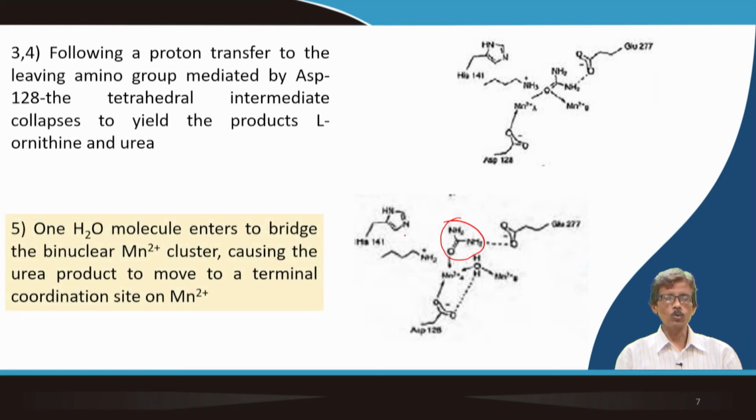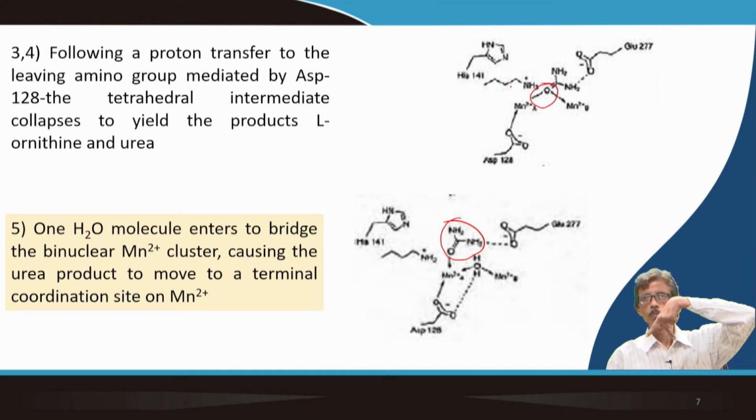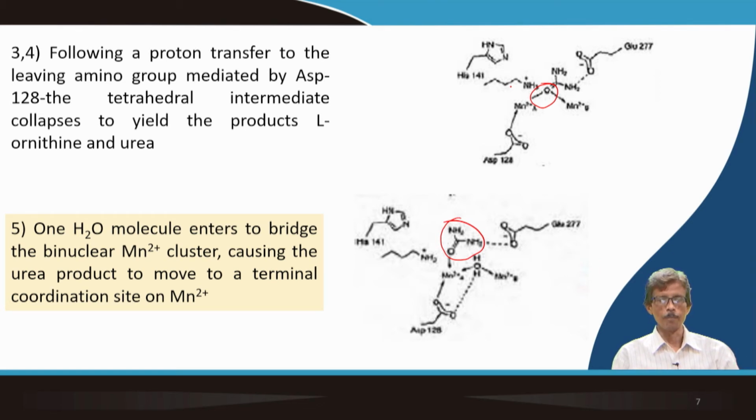So, that water molecule will come and remove the urea molecule, because in the previous step the urea was trying to bridge these two manganese centers. But when water comes, not only proton transfer, water will also push the formed urea molecule, and it is now moving to manganese A.